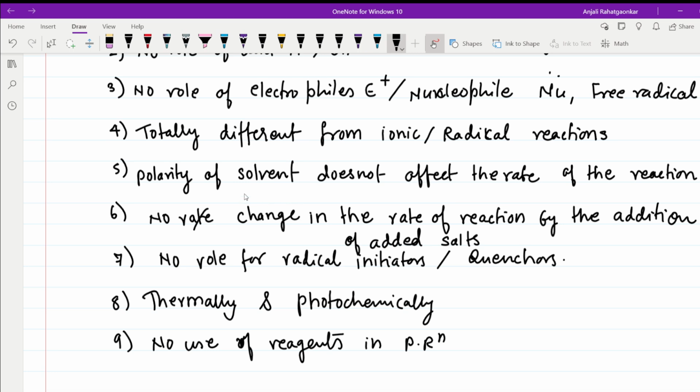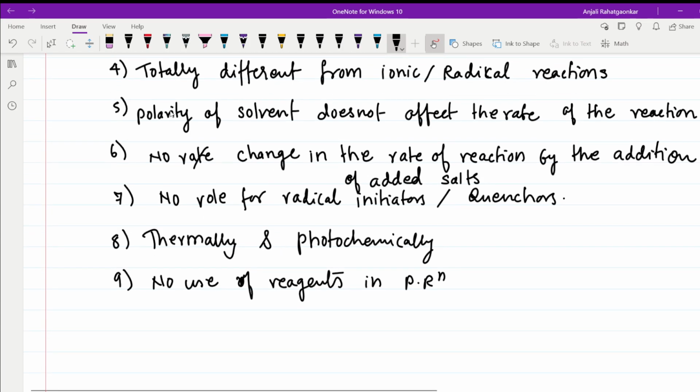Similarly, in many organic reactions, we have seen that if we change the polarity of the solvent, the rate of reaction may increase, or it may decrease. But here the polarity doesn't work on the rate of reaction. So there is no role of any polar or non-polar solvent in affecting the rate of reaction.